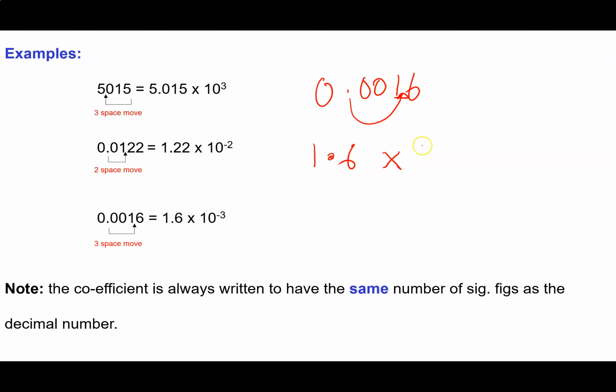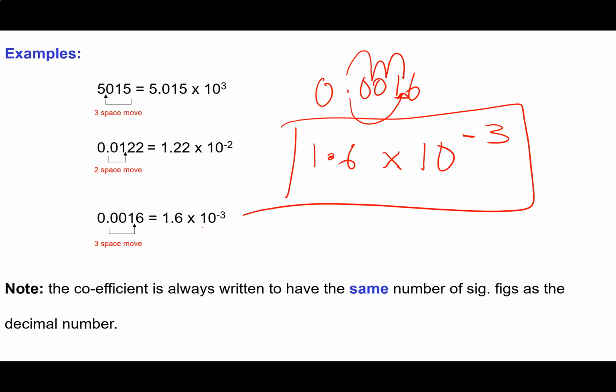And then I've got to multiply that by my power of 10. Because I'm starting with a number less than 1, it's going to be a negative exponent. And what's the size of the exponent? I had to move my decimal point 1, 2, 3 spaces to get the decimal point in the correct position. So my number in scientific notation will be 1.6 by 10 to the minus 3.